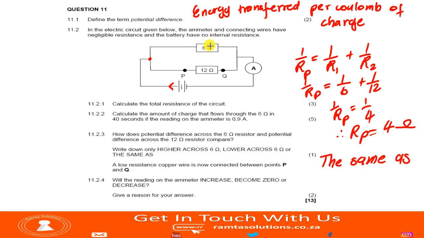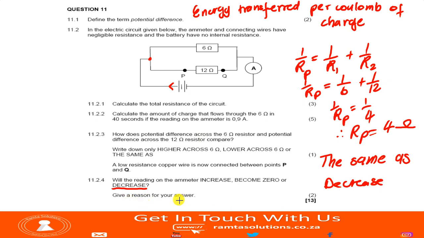And 6 ohms is greater than 4 ohms. It means total resistance will also increase because the resistance of the parallel connection increases. If the resistance increases, the ammeter reading will decrease. So our answer here is decrease.